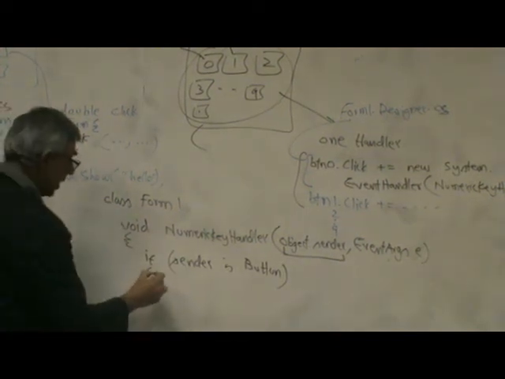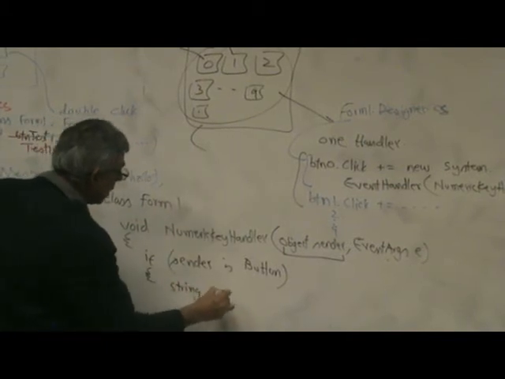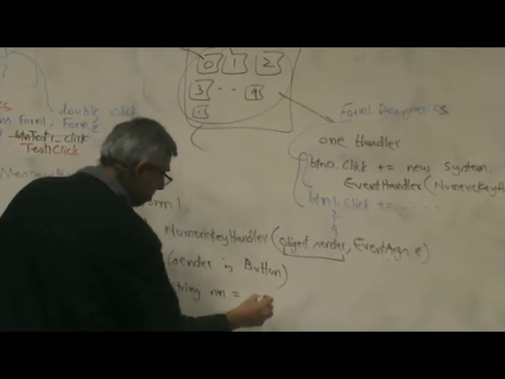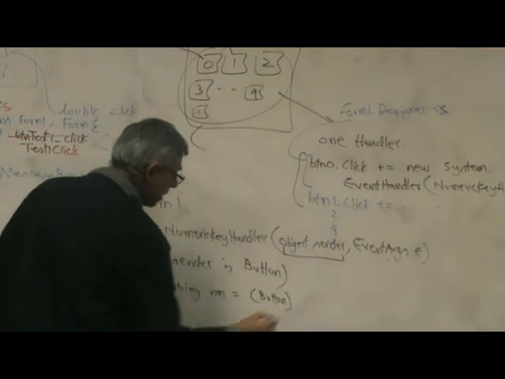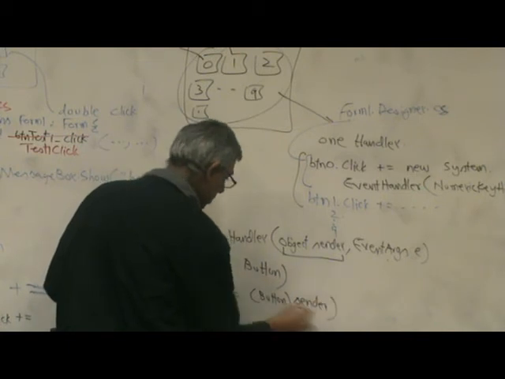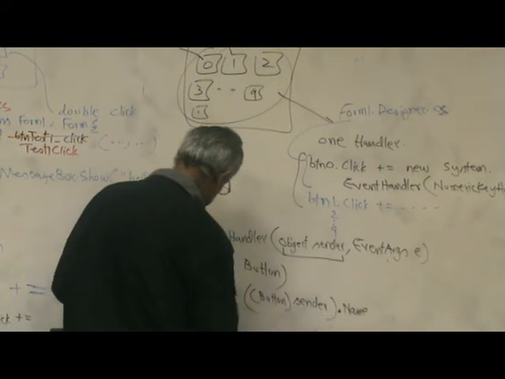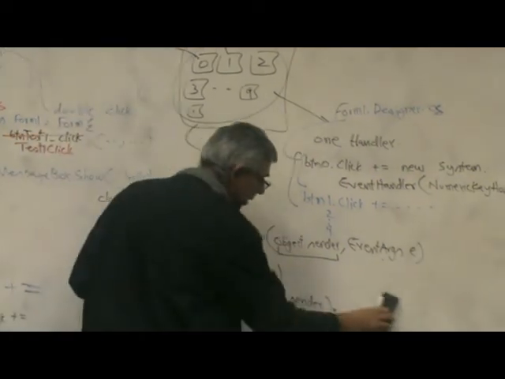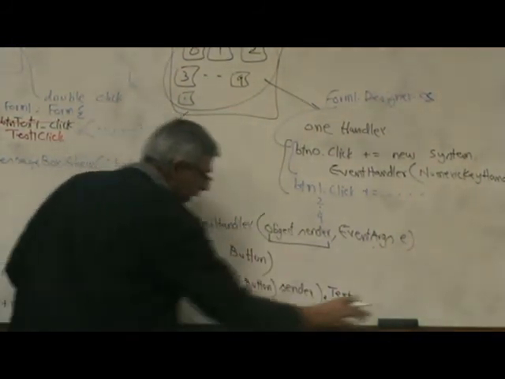Then we will say string name equal to sender as Button dot text, or dot name, for example. Or we can say dot text.